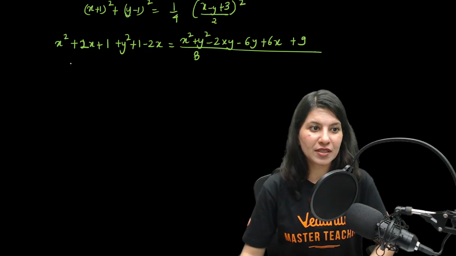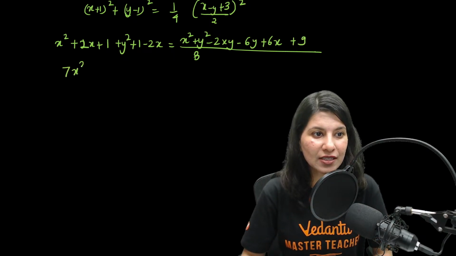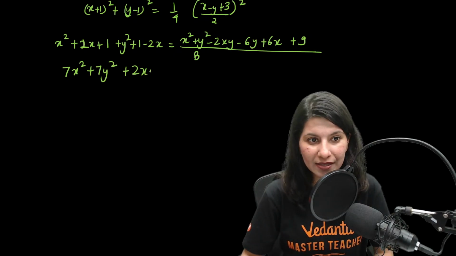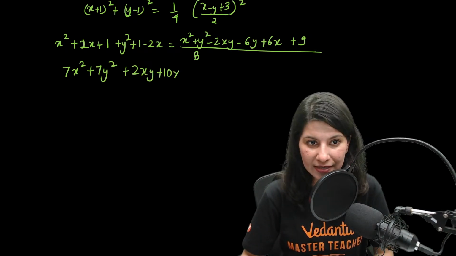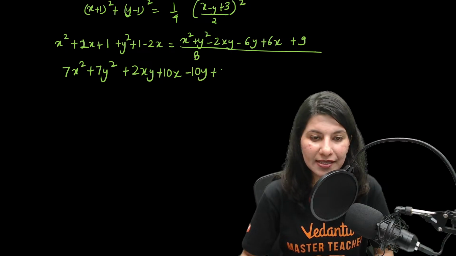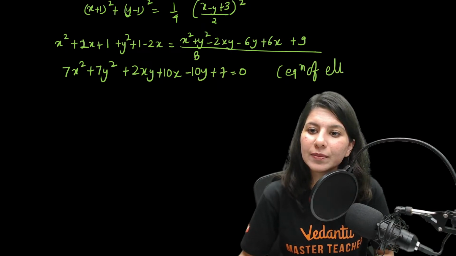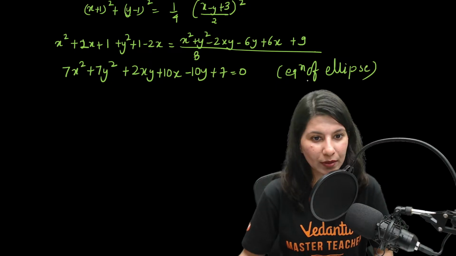If you solve it, 7x square plus 7y square plus 2xy plus 10x minus 10y plus 7 equals 0. This is the equation of ellipse.